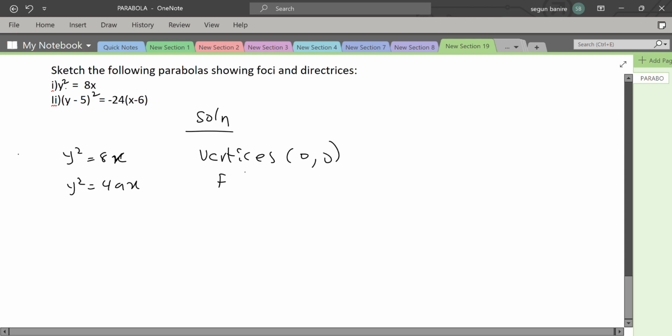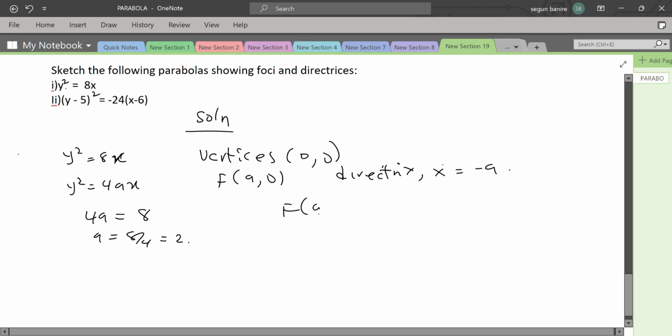So what is the focus? The focus is a comma 0, and the directrix is x equals minus a. So we just need to get our a. We equate 4a to 8, so a is equal to 8 over 4, that gives you 2. So the focus is 2 comma 0, and the directrix for the given equation is x equals minus 2.